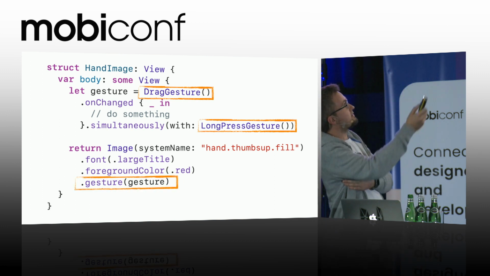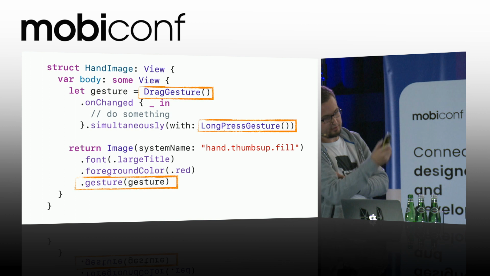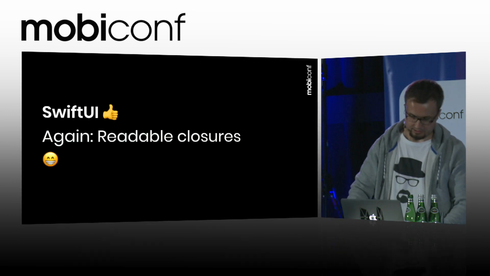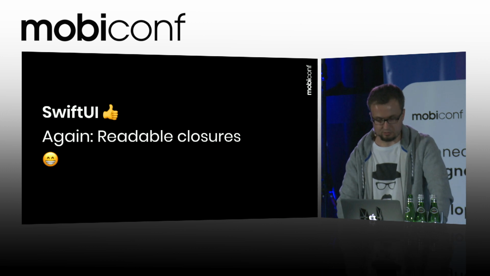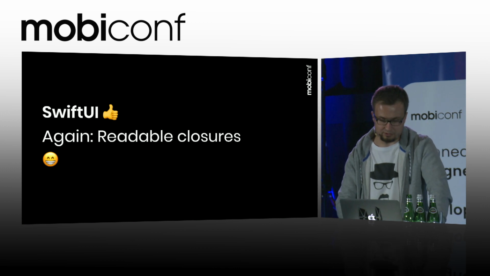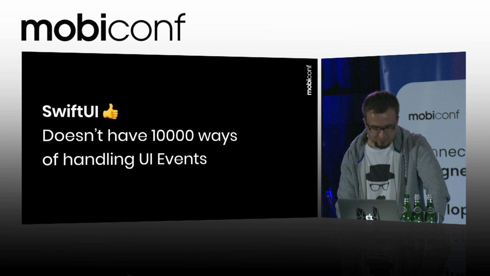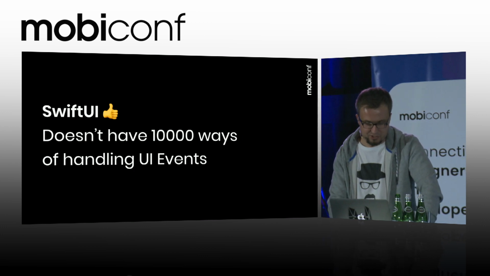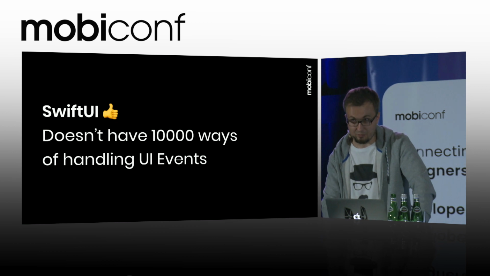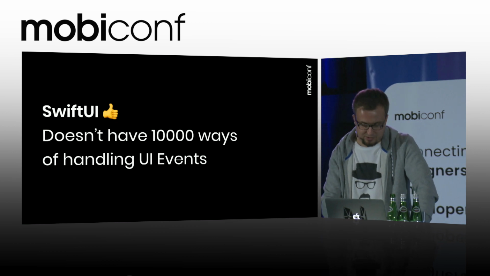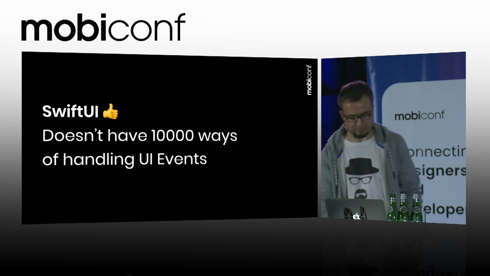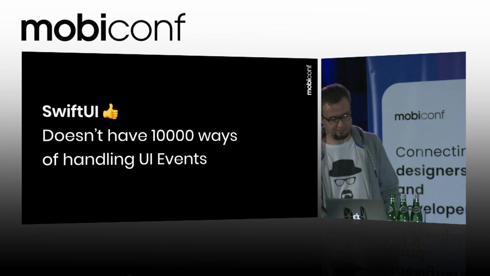And we have to assign this gesture to the image, and this also works. And the verdict here is SwiftUI. I will repeat myself. Those are readable closures, and you know where to look for them, and no more remembering the whole strange classes like UITapGestureRecognizer, long tap gestures, UIMotionEvent, touchesBegan, touchesEnded, etc., etc. So this round is won by SwiftUI.